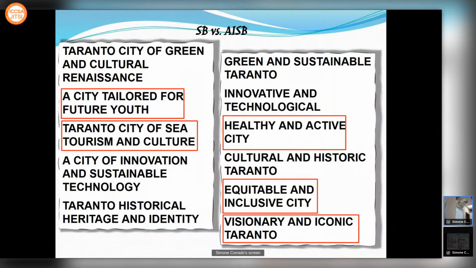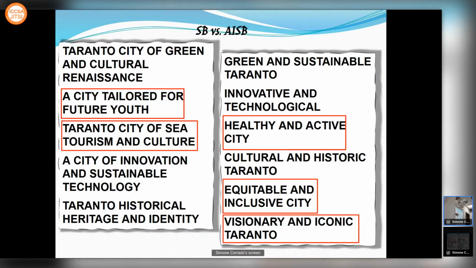The red ones are fields that are not overlapped. The others are overlapped. It's very curious that people apparently didn't say anything about a healthy and active city as a whole. They didn't see it as an image, but the AI scenario building pointed it out.